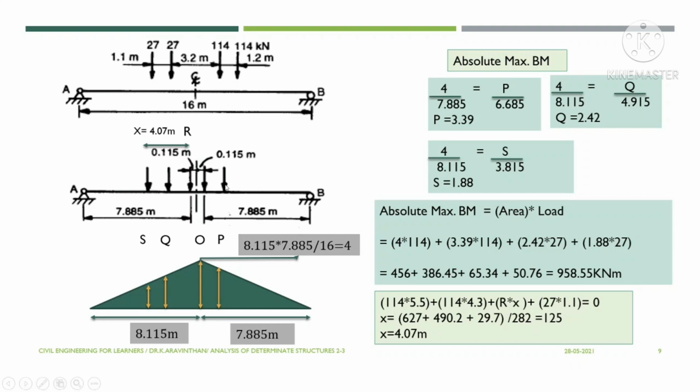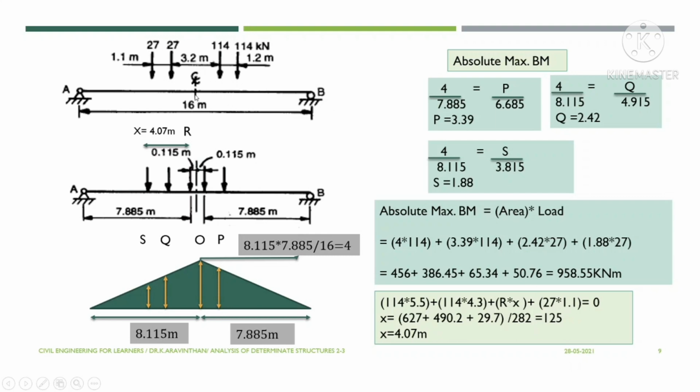So if I am taking the moment at the first point S, 114 into 5.5, the distance. So 114 into 5.5, and 114 into this distance, which will be 3.2 plus 1.1, that is 4.3. So 114 into 4.3 and 27 into 1.1. 27 into 1.1 is here.